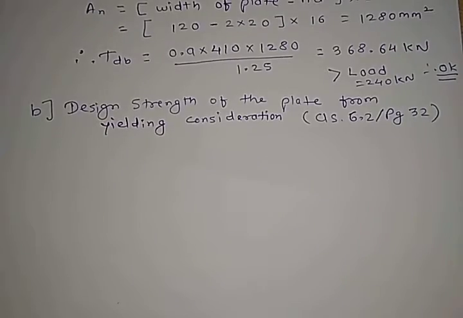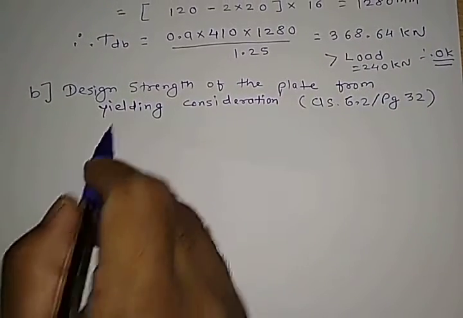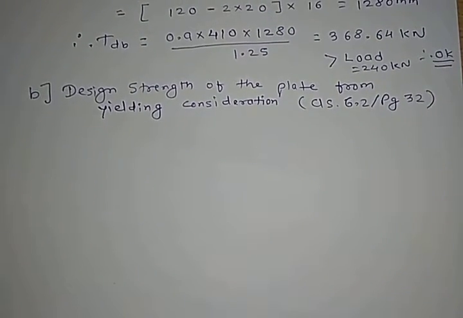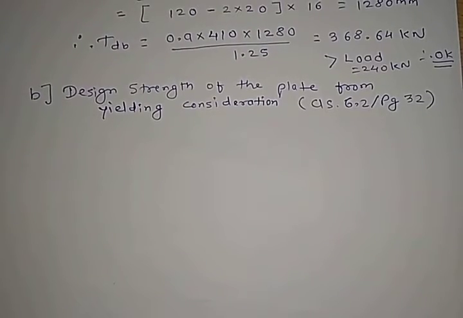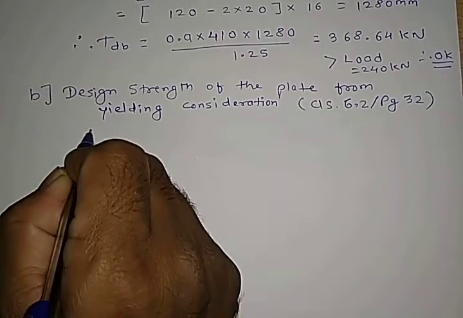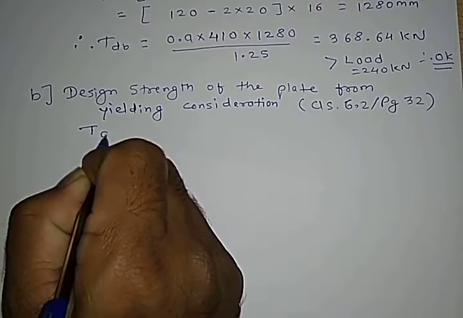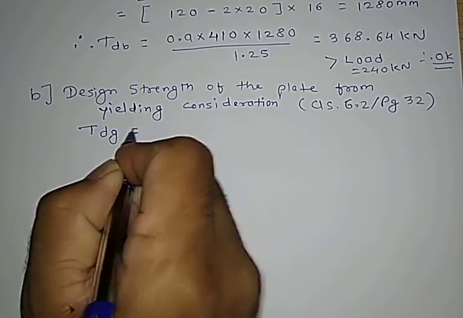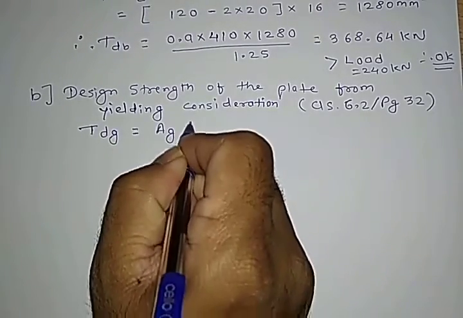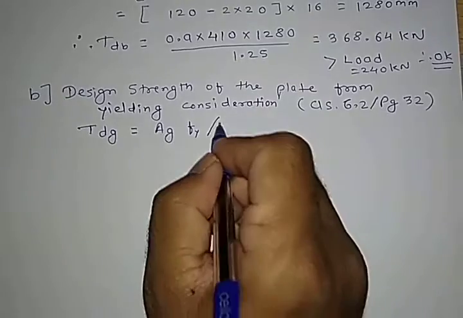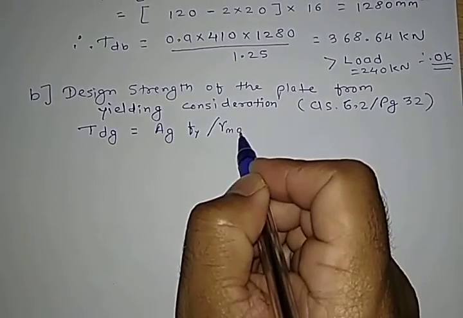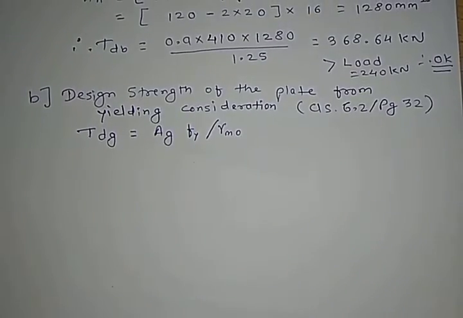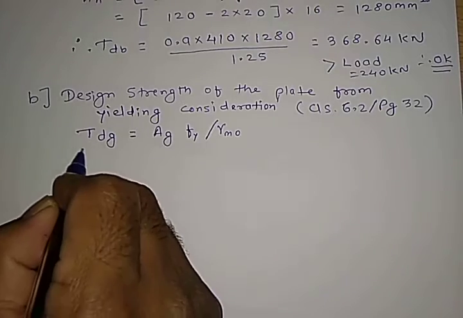So now you can go ahead with the calculation. This is TDG, which equals AG Fy divided by gamma MO. Now you need to calculate first of all your AG.